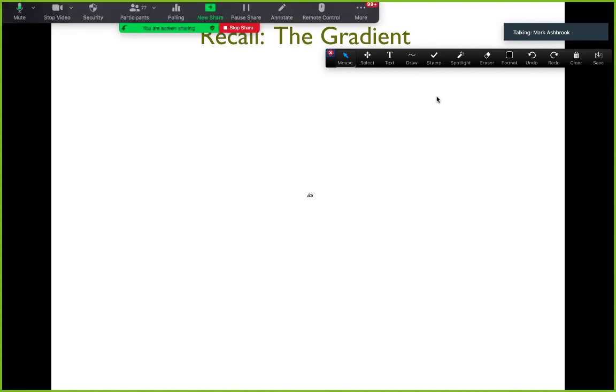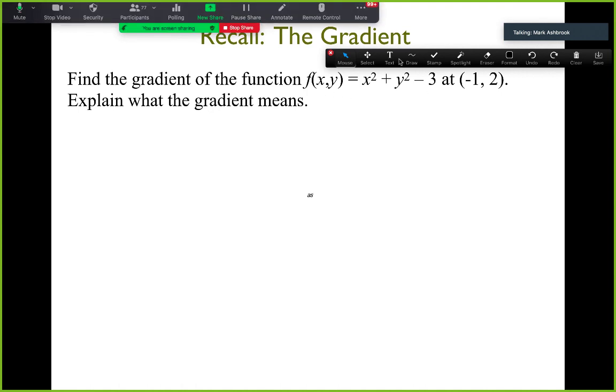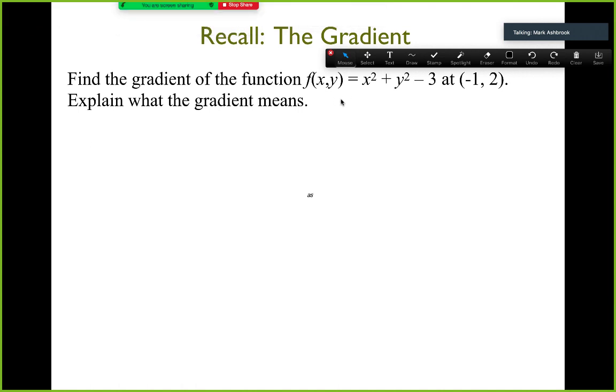And then this thing, the gradient, came up. Let's find the gradient function and explain what the gradient means. What is this function? This is a real valued multivariable function, right? It spits out a real value, but it's multivariable, meaning there's more than one input variable.